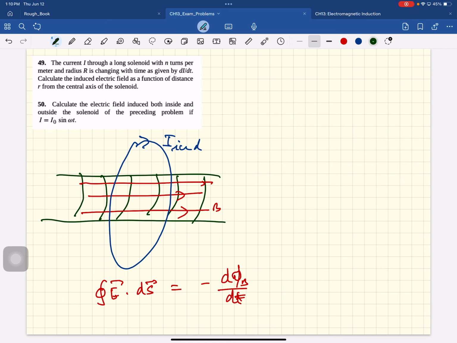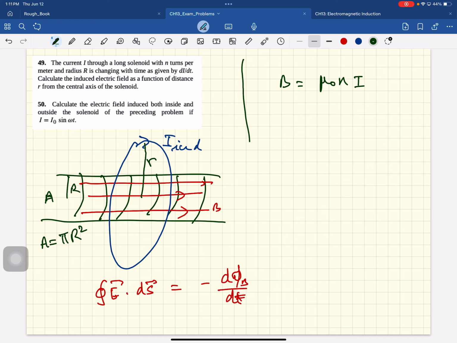Inside a solenoid, the magnetic field is given by mu naught n I. And we'll call this area A. This electric field is constant, so this integral is E times 2 pi r, where this is r. And this area A is equal to pi r squared, where r is this radius.